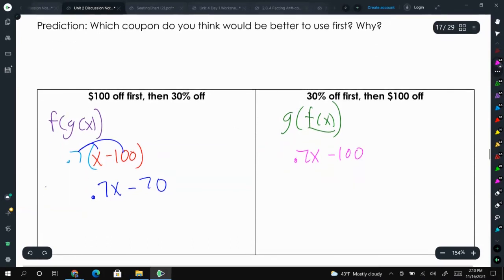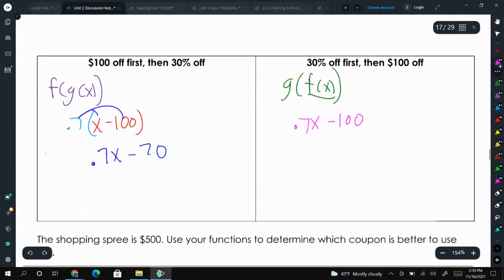So you can see here that when we compare the two, using the 30% off first actually makes the price go down by more. It goes down by $100 as opposed to $70. So we want to use a 30% coupon first.